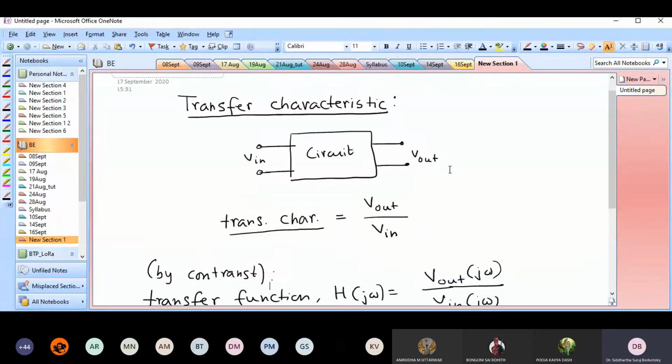And now here I am talking about something called the transfer characteristic. So when you just hear the term transfer characteristic, we are typically meaning what is this ratio of V out by V in? So suppose I have a circuit and I supply 5 volts and my output is 10 volts. Then transfer characteristic evaluated at that point is 10 by 5, which is just 2.